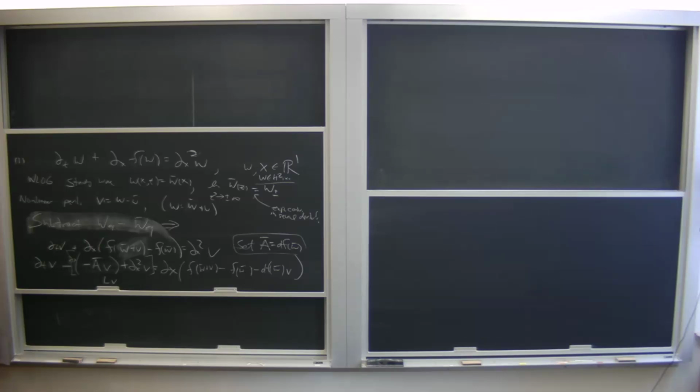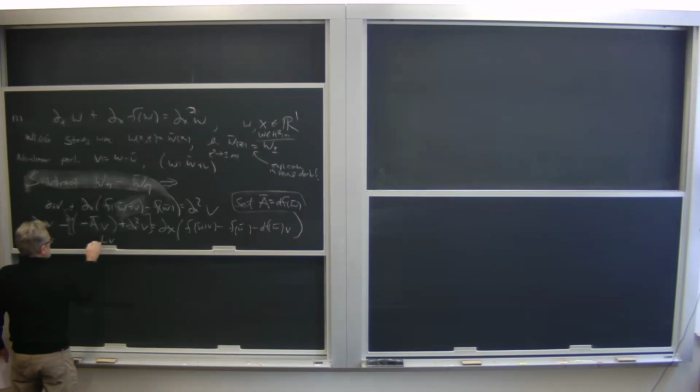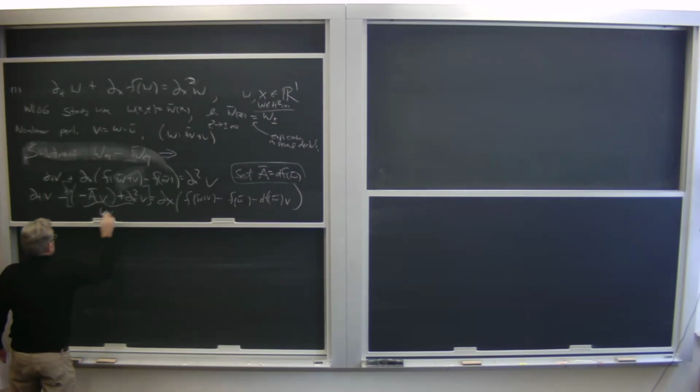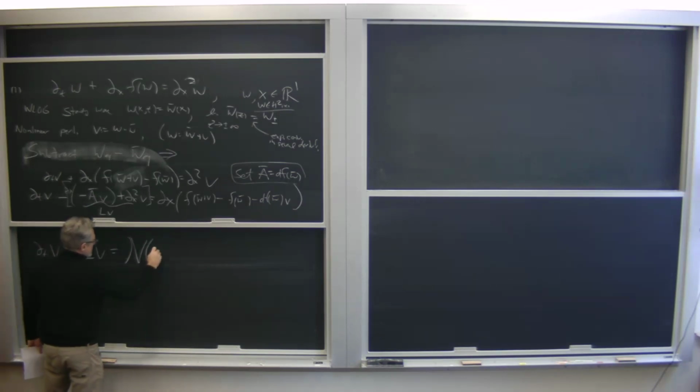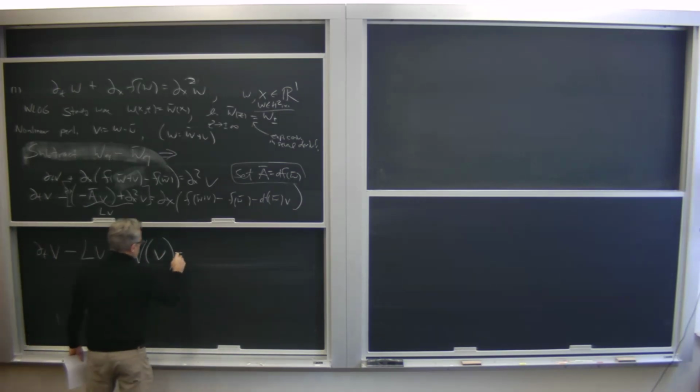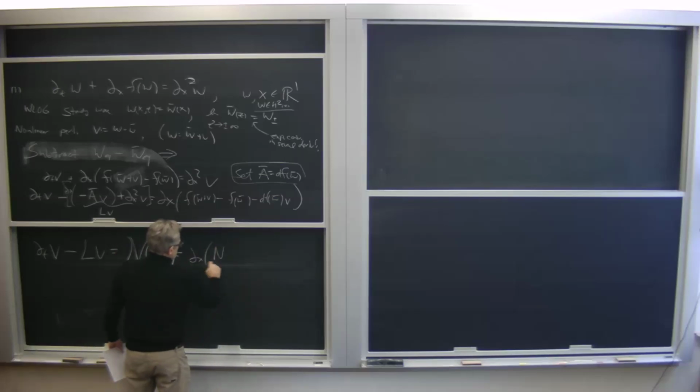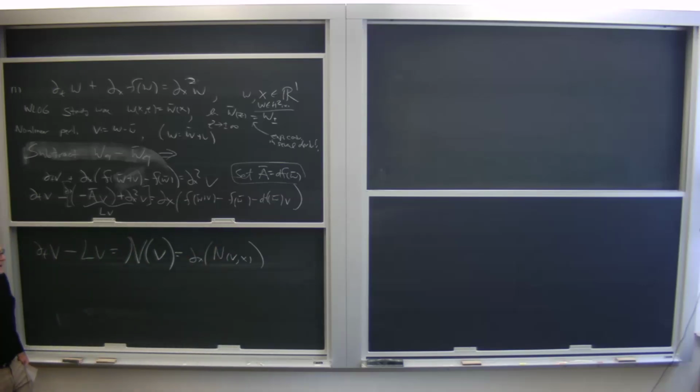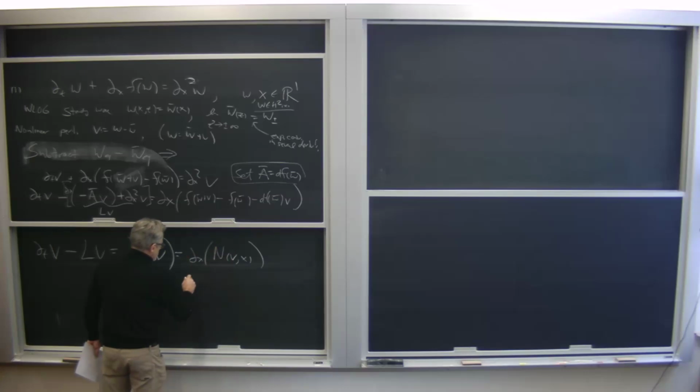So I'll rewrite this as d_t V minus LV equals script N of V, where this is d_x of little n of V, V_x, and little n and d_x of little n are order of V squared.